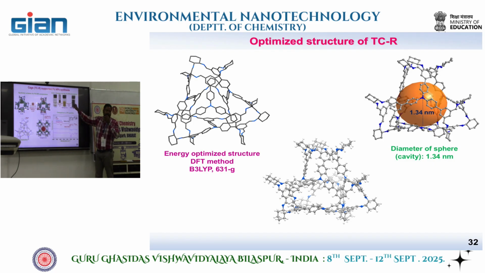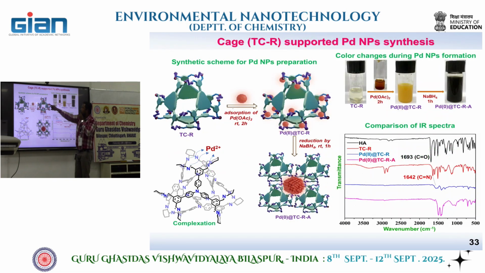So here oxidation state +2 palladium acetate salt. What we have seen, it is giving yellow color, which signals that some complexation is really forming. Because this cyclohexane diamine unit can complex with palladium, we can see some complexation. And when we next add sodium borohydride, it is giving black color, which indicates that this +2 oxidation state is going to 0 oxidation state.